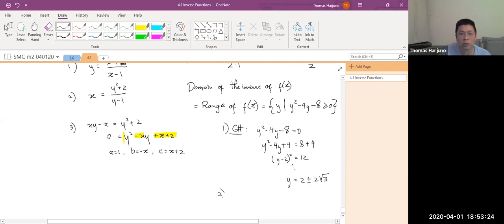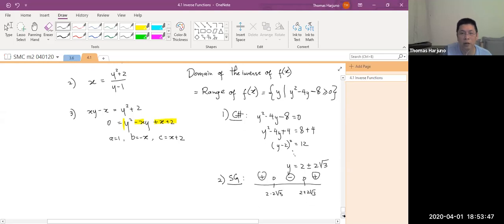Then when we do the sign graph, 2 minus 2 radical 3, 2 plus 2 radical 3, 0, 0, negative y-intercept, positive 2, positive 2.